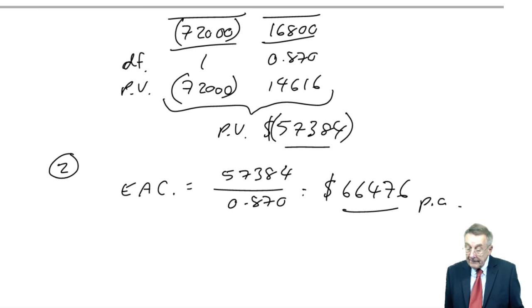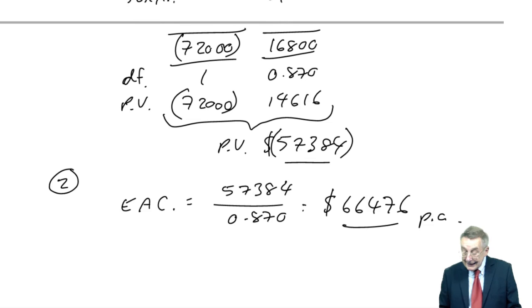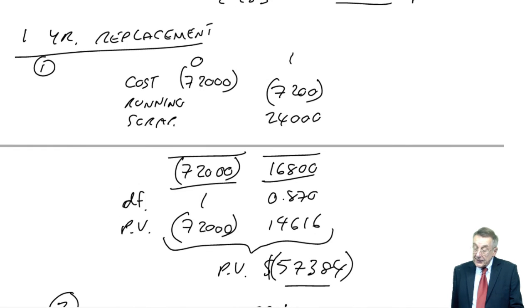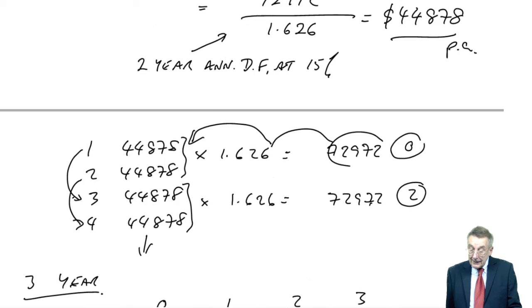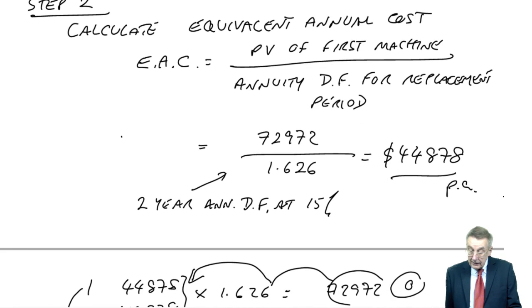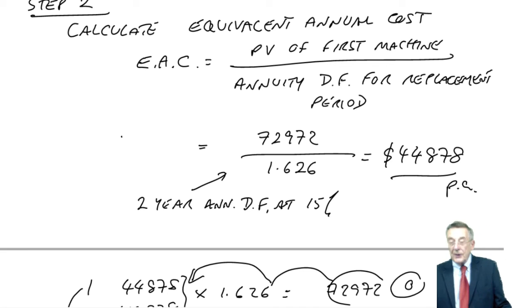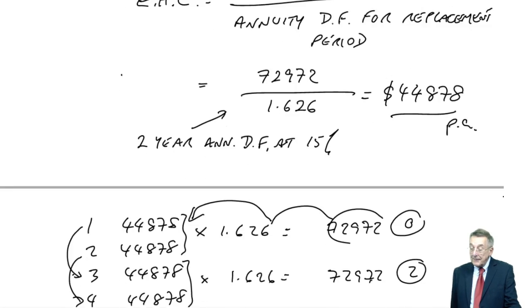And now we've got it. It had to be one of the 3. Which of the 3 is it? 66, 38, 44. Remember, these are costs, and as costs, the cheaper the better.